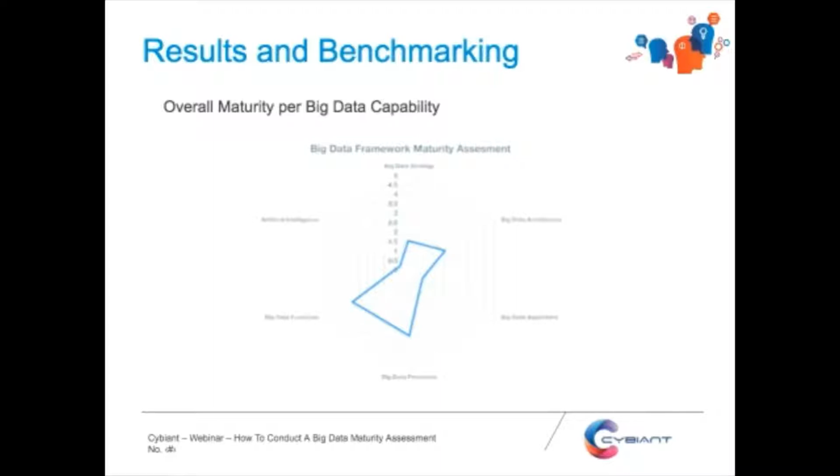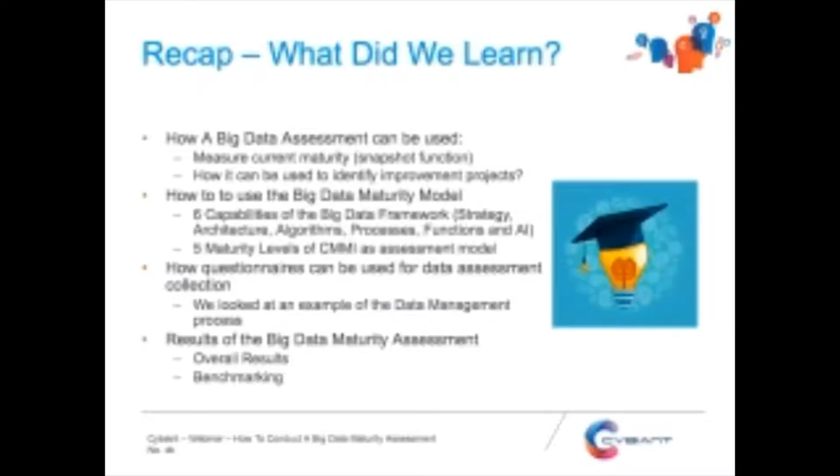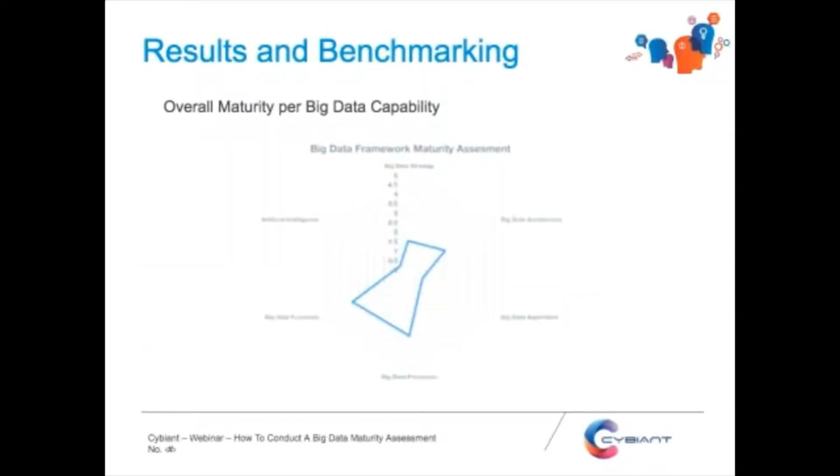The second outcome is that we will look at benchmarking. Benchmarking looks at how our organization compares to other companies within a particular industry or in a particular geographic region.